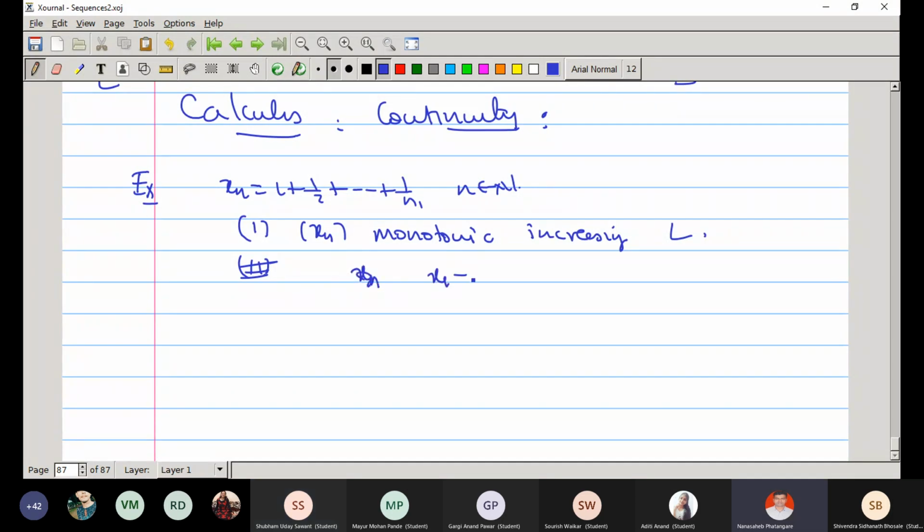What is x1 minus x2? What is the distance between two terms? What is x2? 1 plus 1 by 2. So this is 3 by 2. Now what is the distance between x2 and x3?